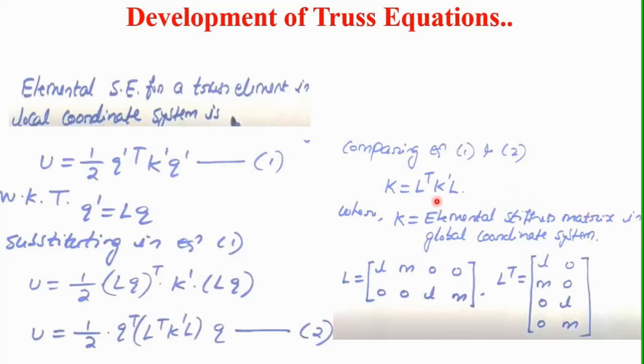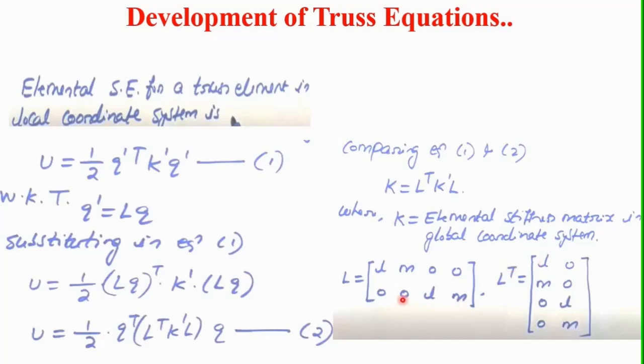As we know, L is equal to the matrix [l m 0 0; 0 0 l m]. L transpose will be this, where we just replace rows with columns. So the transpose matrix is obtained by converting rows into columns.